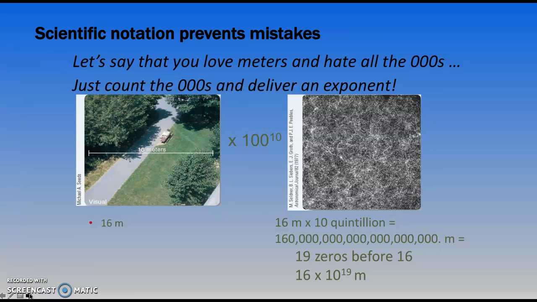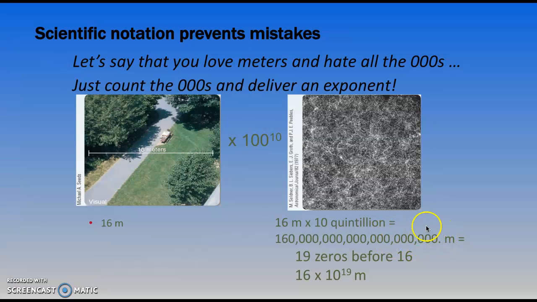Now, as I said, we hate all these zeros. They just lend us toward making mistakes, putting another zero here, forgetting a zero there. Look at this. If I have 160 quintillion meters, I could make this so much easier.